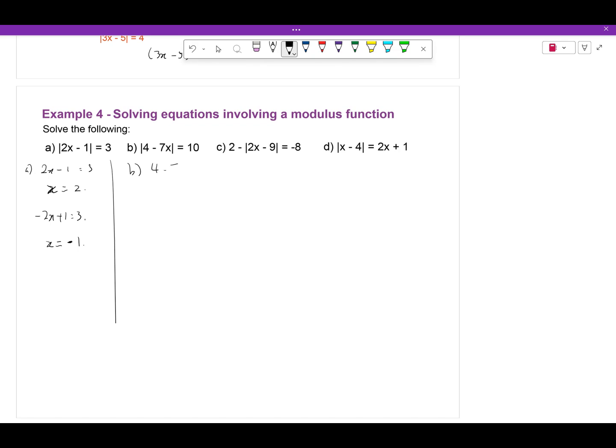So this one, same thing. It should be x equals 6, 7. A negative 7. And the next one, negative 4, 7x, 10. So this one, we get x equals 2. For C, we have to solve one of them as the normal one.